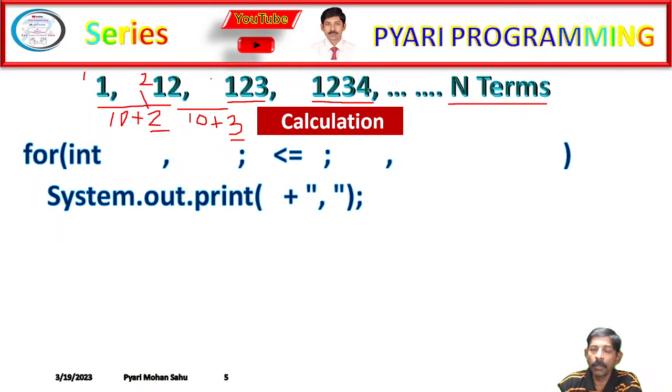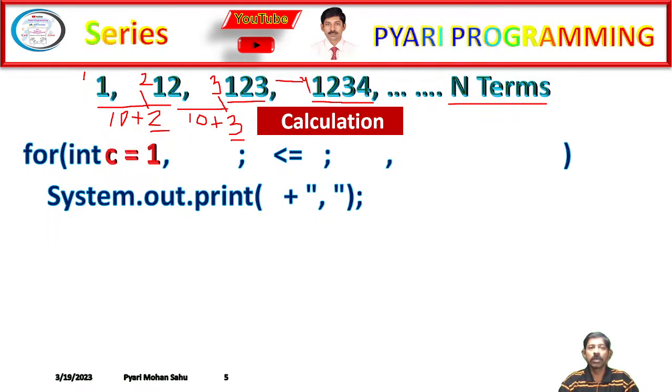Next time, the number of terms is 3. When it is 3, I need to add 3. Next time, I need to add 4, and the number of terms is 4. So can I reuse the counter now? Yes, I can. I can reuse the counter variable over here.